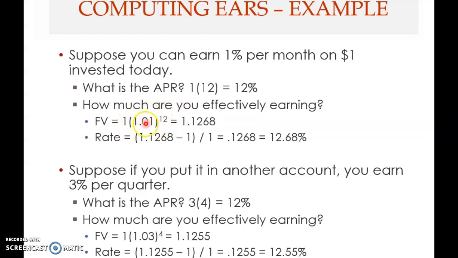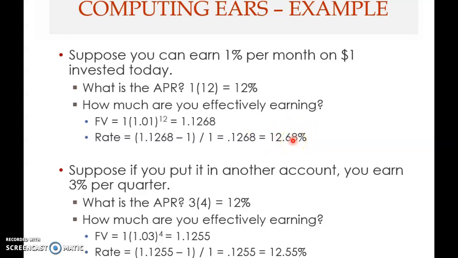So 1 multiplied by 1 plus 1% raised to the power of 12 is actually the future value after 1 year, if you invest at 1% per month over 12 months. So it is 1.1268. Now if you want to determine the rate, it's actually this minus 1 that you invested in, your original investment, is the future value minus the present value divided by the present value. So you get actually 12.68%.